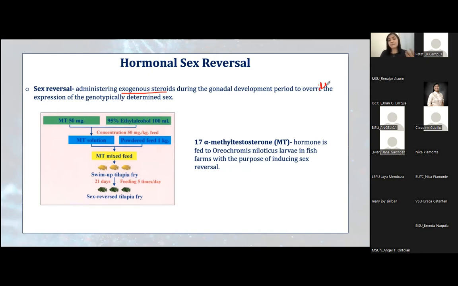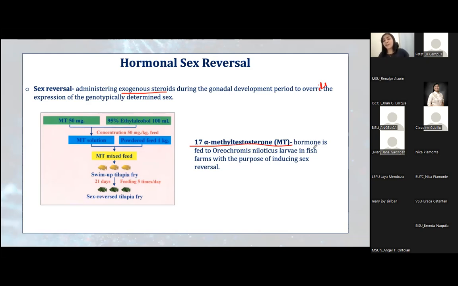So genotypically, for example, sa tilapia, female siya. However, may pinakain ka sa kanya, and this came out in the board exam, lagi itong nalalabas: the 17-alpha methyl testosterone or just MT.